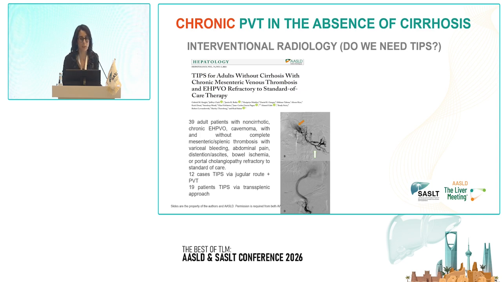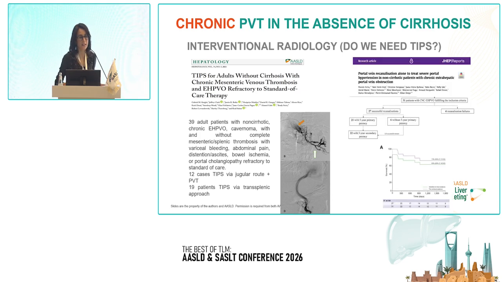When we do interventional radiology, here there are also two schools. There is the group that always places TIPS in these patients without cirrhosis and PVT, and there is the more European way that is not placing a TIPS but only doing angioplasty.